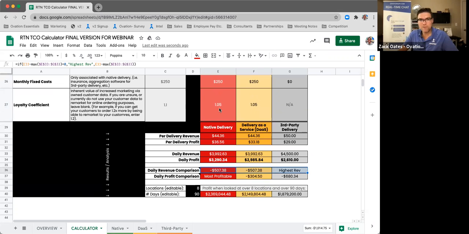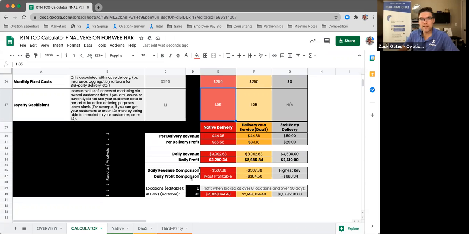So just for example, if I did make that 1.1, you could see then native delivery becomes highest revenue and most profitable. So these numbers will change dynamically. And the daily profit comparison will show you, given this set, what is most profitable. The negative numbers here will show you how different it is from the highest revenue.